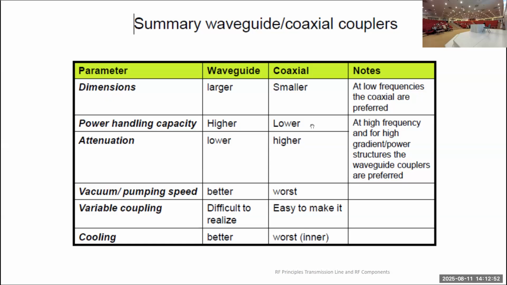Generally, when you pass RF through waveguide components, for example, if I talk about WR284, which is for the S band, the power capability of this waveguide is less than 1 megawatt.